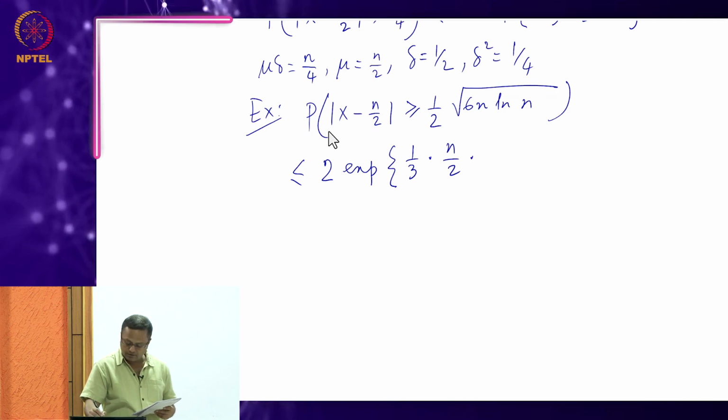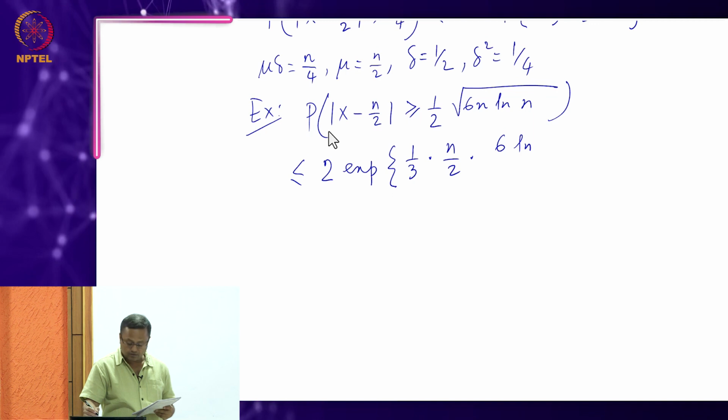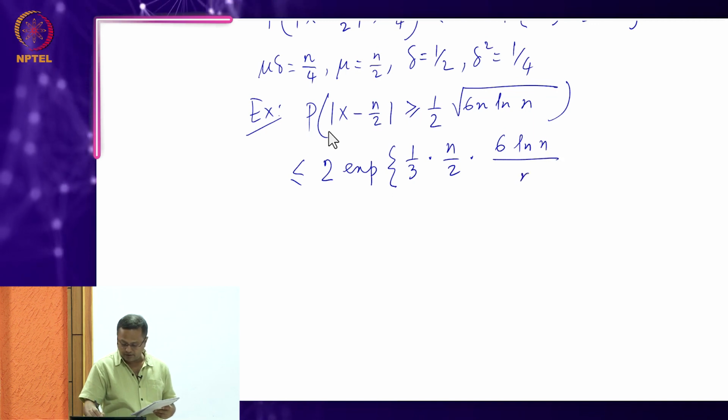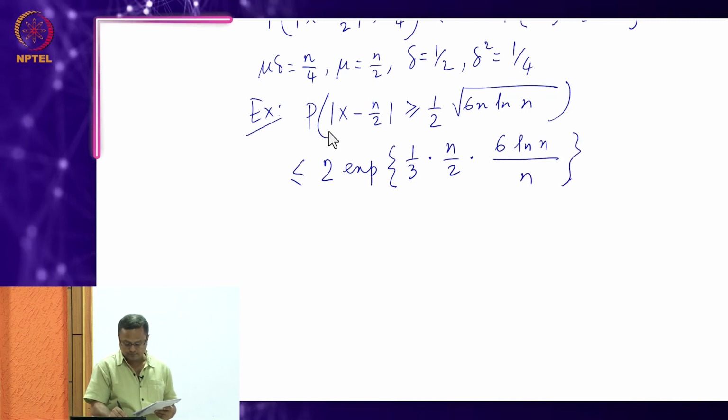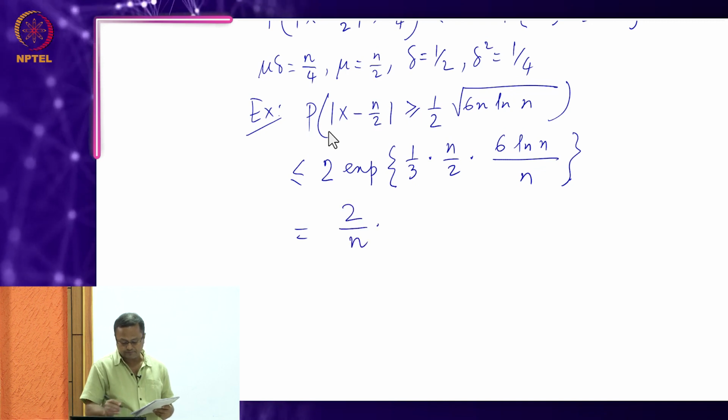Delta square, right. So, 6 log n by n, this is equal to 2 by n.